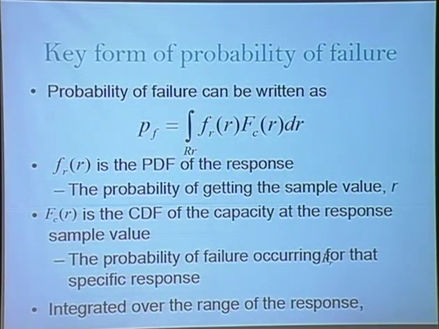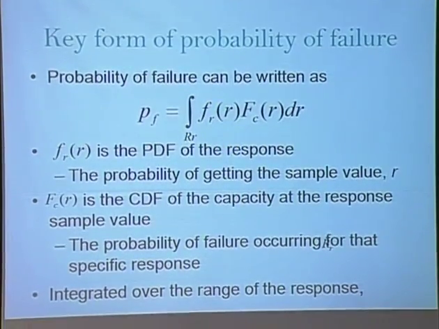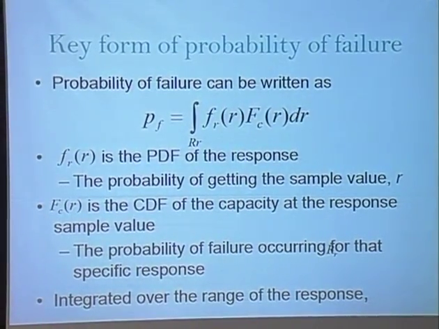Okay, now I'm going to show here a simple formula which is extremely important. So even though it's very simple, I'm going to spend quite a bit of time on it. It basically says if you are in a situation where failure is defined by capacity being smaller than the response, then you can calculate the probability of failure from this formula.